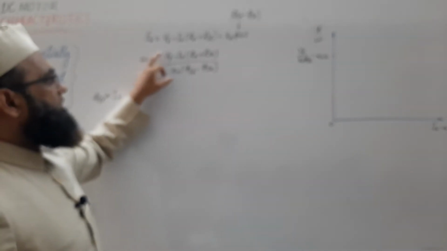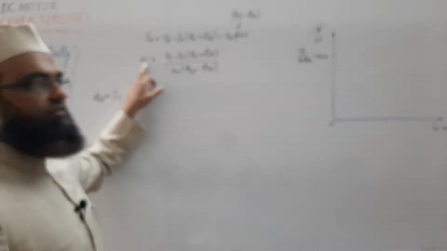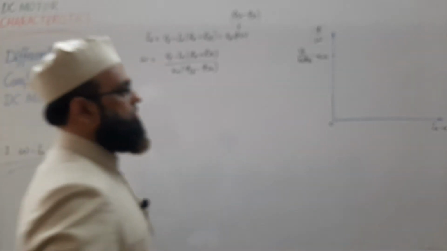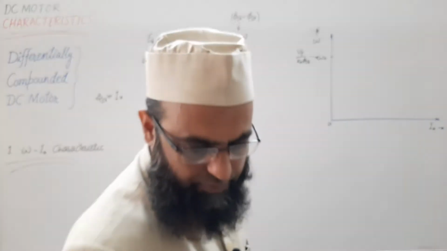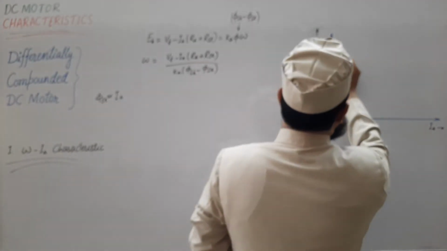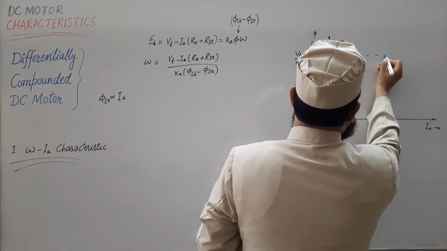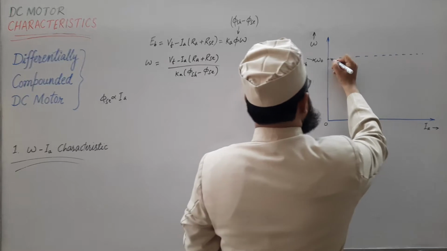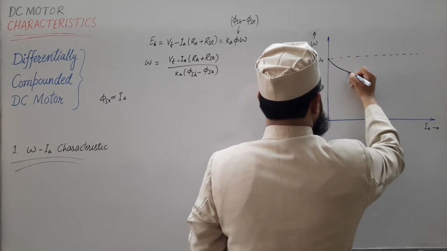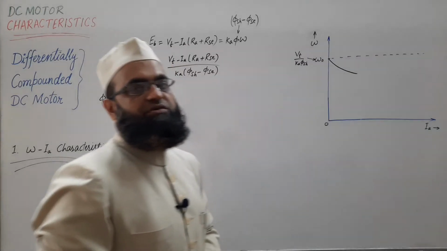So overall, the impact of the numerator will be observed on the speed, which is decreasing. First draw a horizontal line, and the initial value of this is decreasing. It decreases.